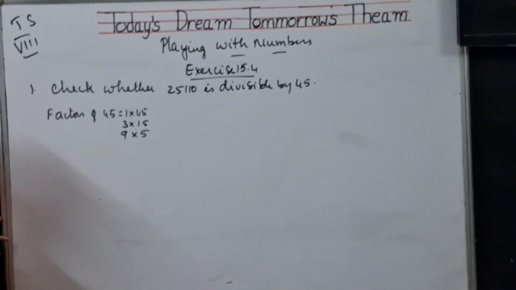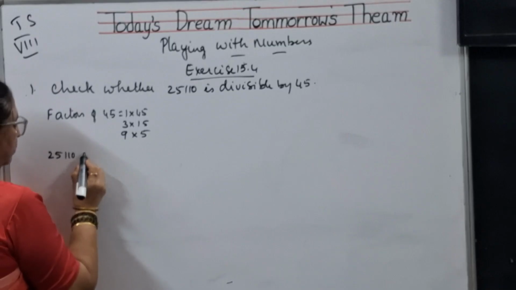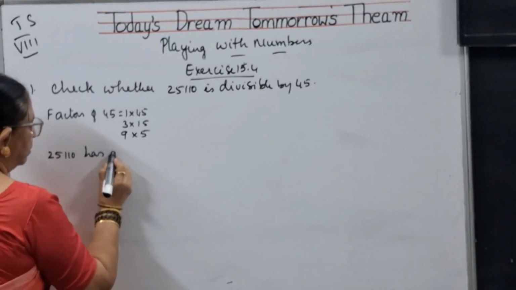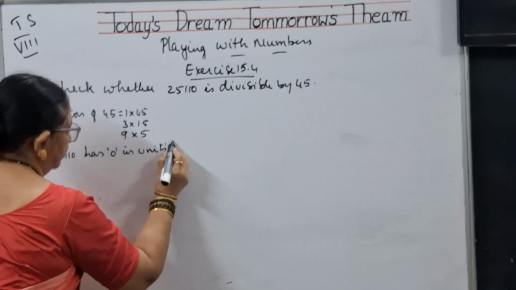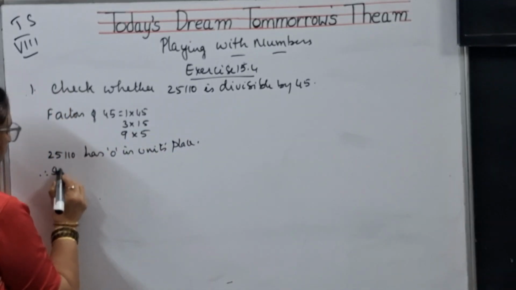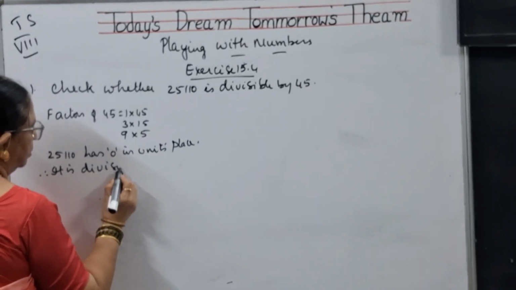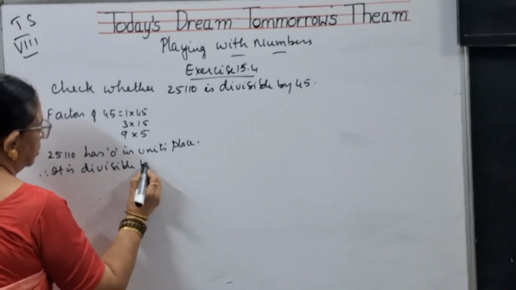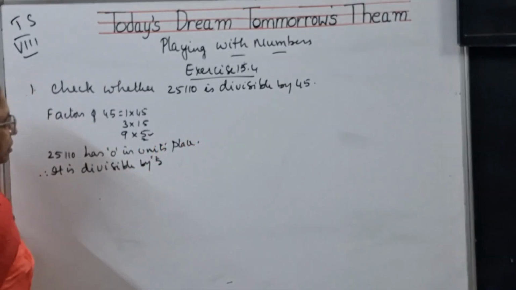So let us see. 25110 has 0 in the units place. Therefore, it is divisible by 5. So this property is accepted.